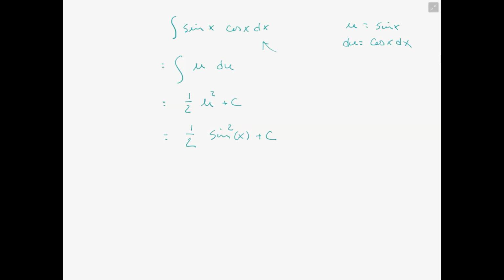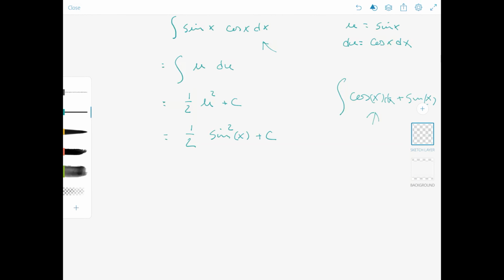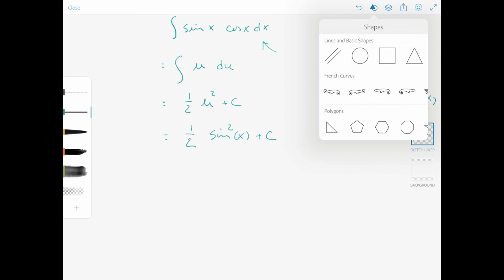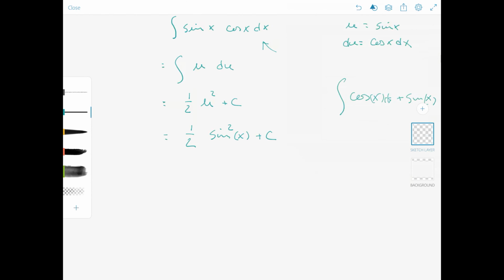Now, don't get caught up with the idea that you can easily have your mind jump to a regular trigonometric integral, and that would be wrong.